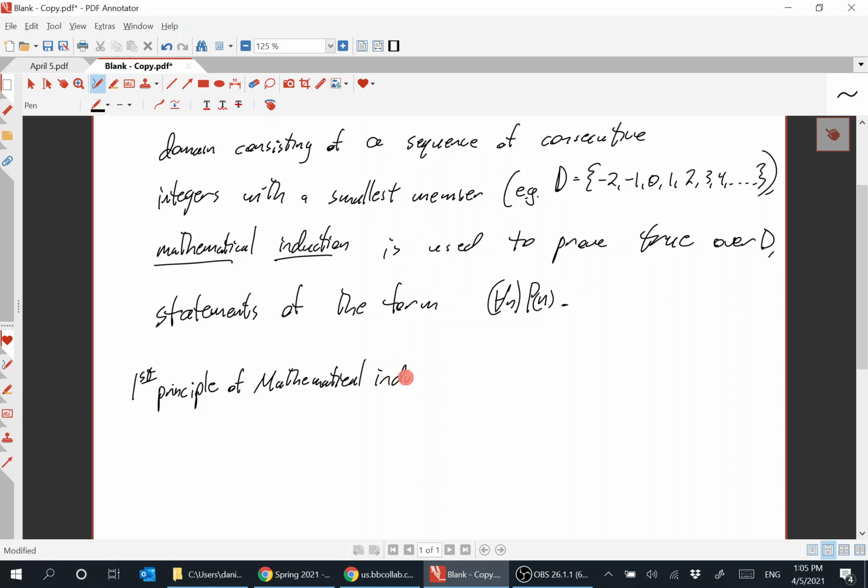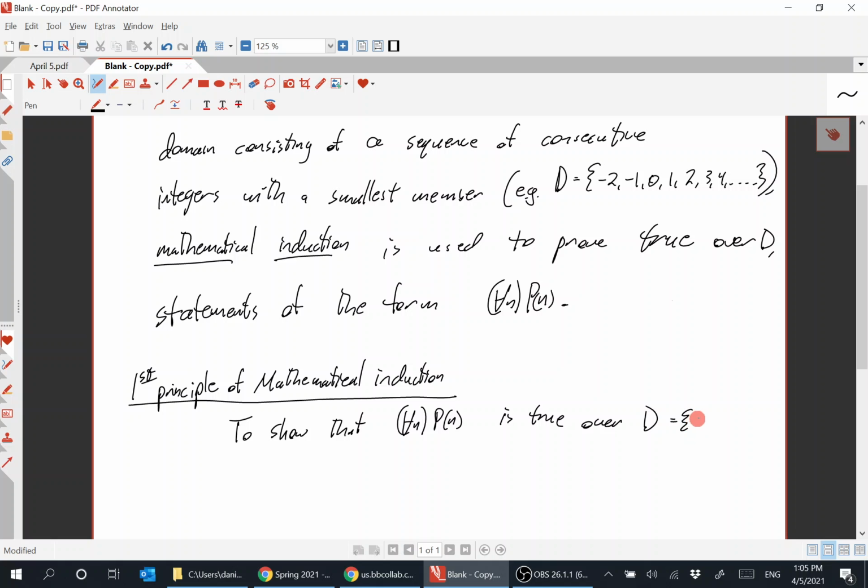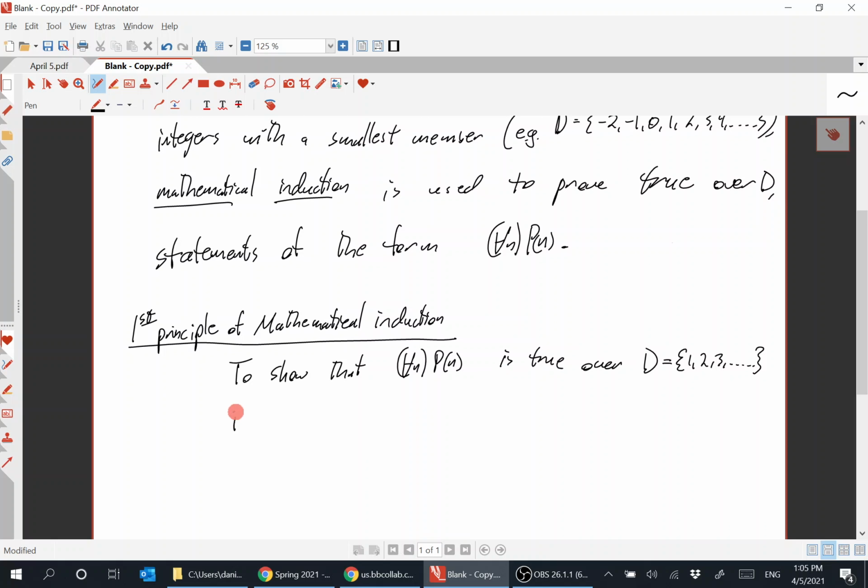to show is as follows. To show that for all n, P of n is true over D, I'll start at 1 in this case, over this domain D, it suffices to show the following.